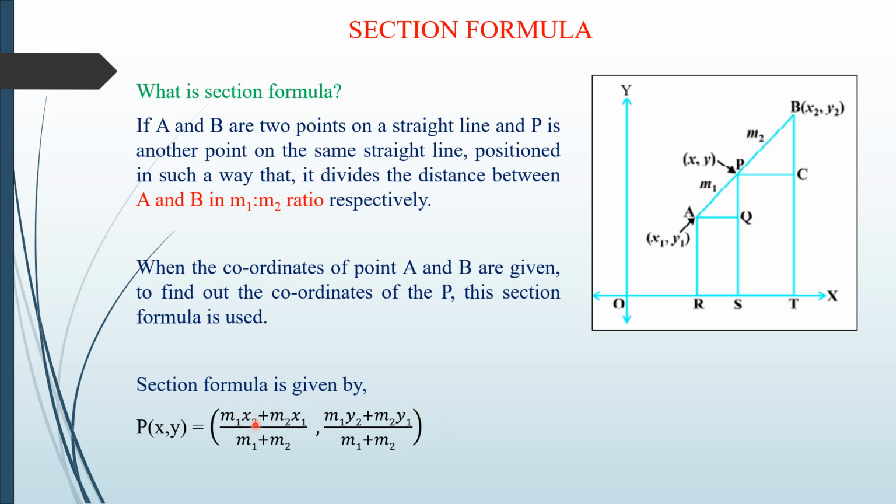Then x2 is x coordinate of point B, x1 is x coordinate of point A, y2 is y coordinate of point B, and y1 is y coordinate of point A. Using this formula, you can easily find the coordinate of this point P, which will divide this straight line AB in ratio m1 and m2.